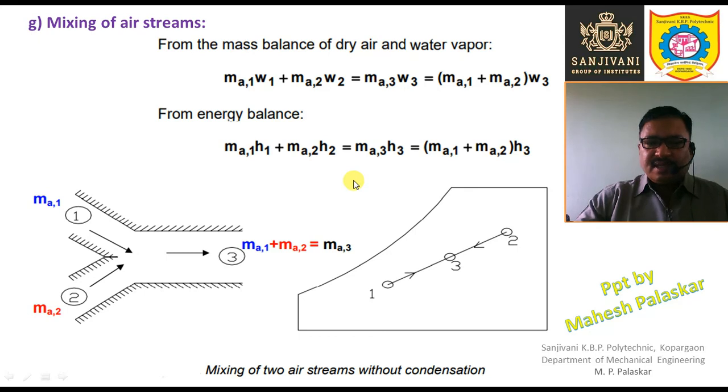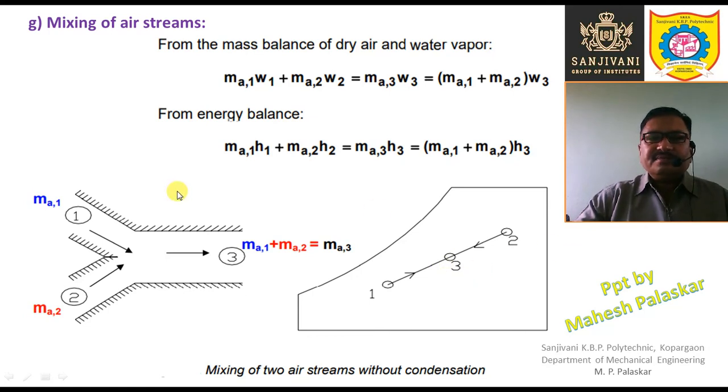So this is how the mixing takes place, right? And by mixing we can obtain the required condition of the air by just controlling the mass of these two streams. If you control the quantity of air coming from these two streams, then we can control the conditions of the air at point 3 up to some extent.